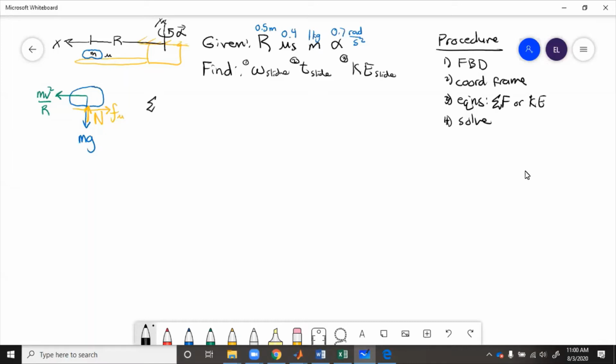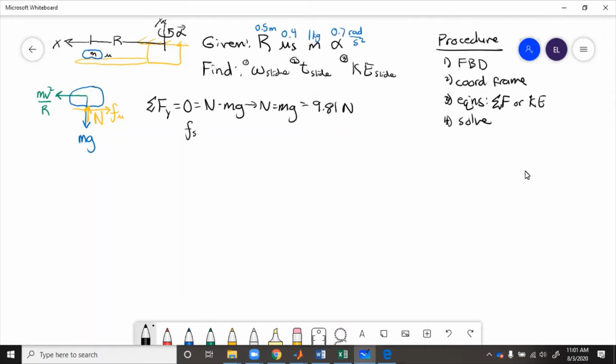So sum of the forces in the Y direction equals 0, equals N minus mg. So N equals mg equals 9.81 newtons. Then the friction force, and this is going to be static friction because we want to see right before it moves.